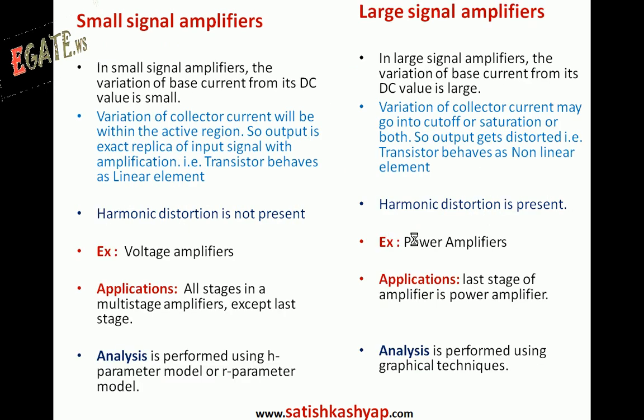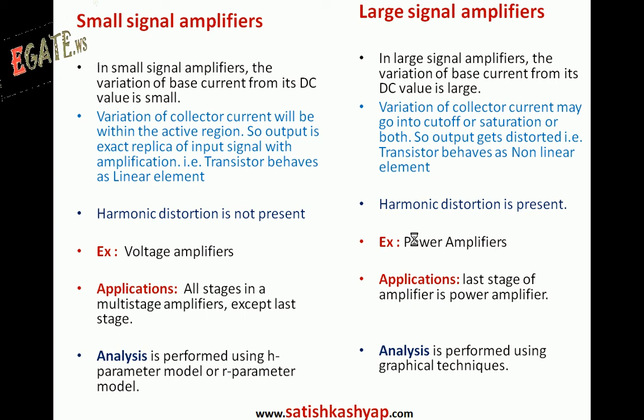Next, examples of small signal amplifiers are voltage amplifiers, whereas examples of large signal amplifiers are power amplifiers. Applications of small signal amplifiers: all stages in a multi-stage amplifier are called voltage amplifiers except the last stage.